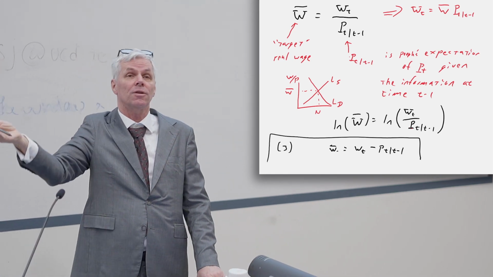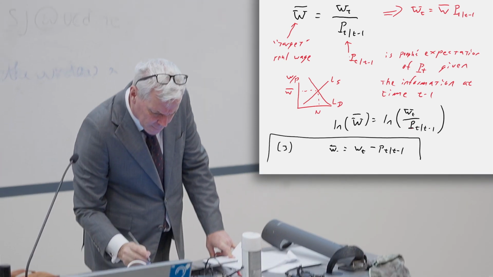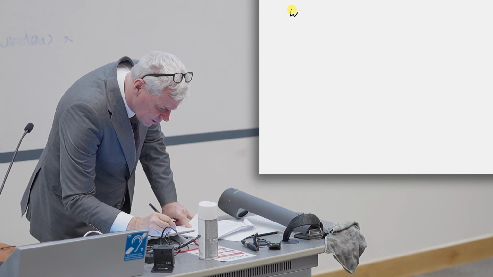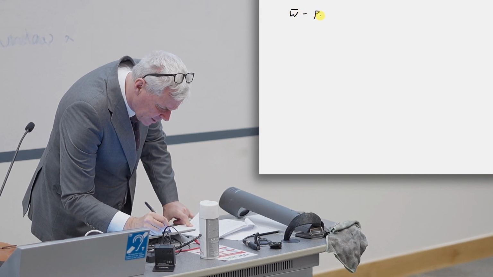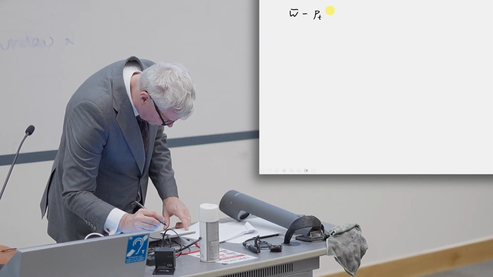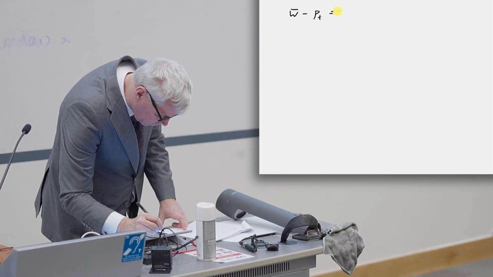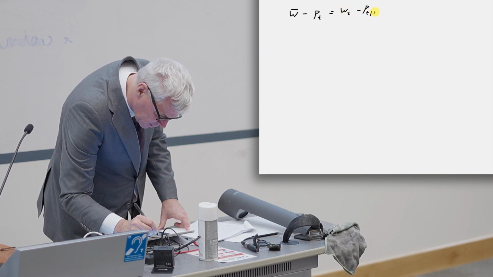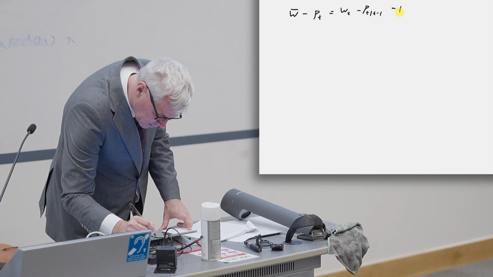You can subtract 100 from both sides. But I'm going to subtract p_t from both sides. And so I get W bar minus p_t equals w_t minus p_t given t minus 1 minus p_t.